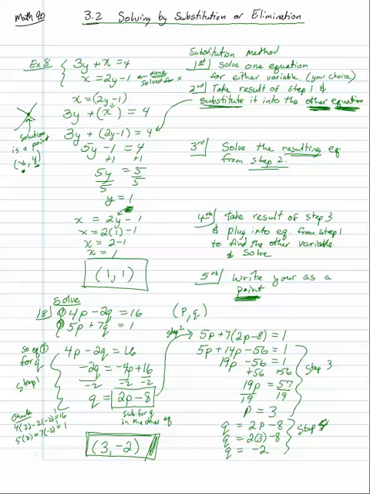And I just punch it in my calculator. So 4 times 3 minus 2 times negative 2 equals 16. 5 times 3 plus 7 times negative 2 is 1. Check, check. So I know I did it right.